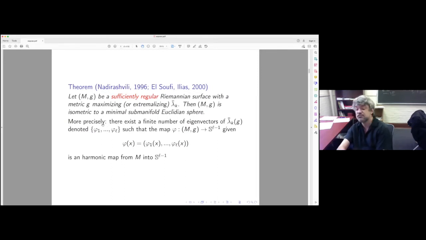But this is just one instance, because it was a convenient one to introduce what I'm going to talk about afterwards, harmonic maps with free boundary, where harmonic maps play an important role.